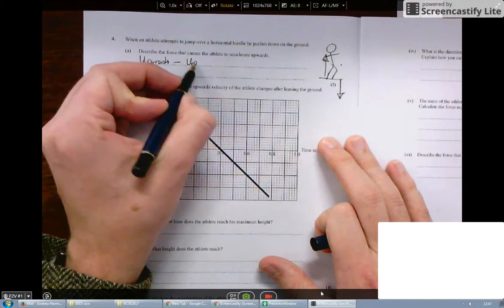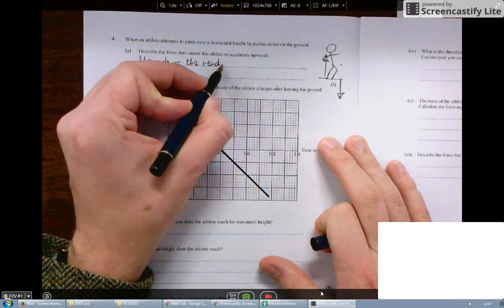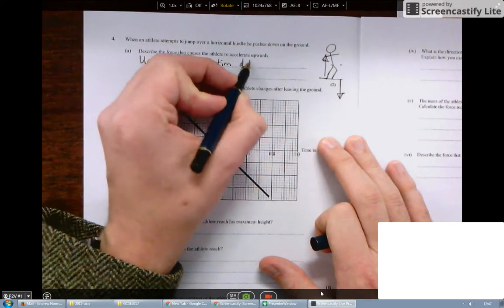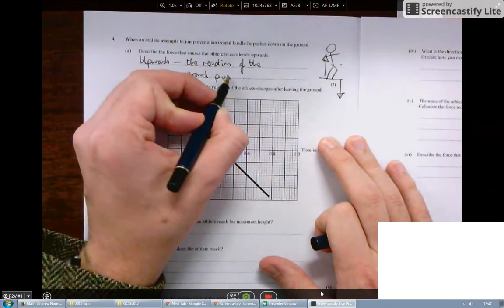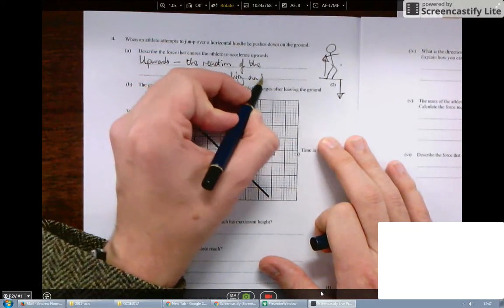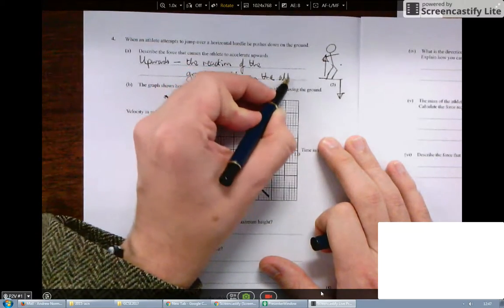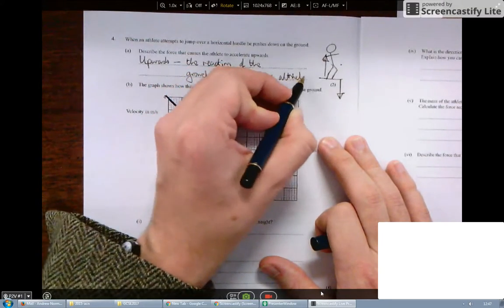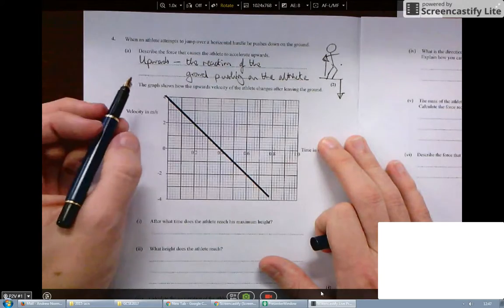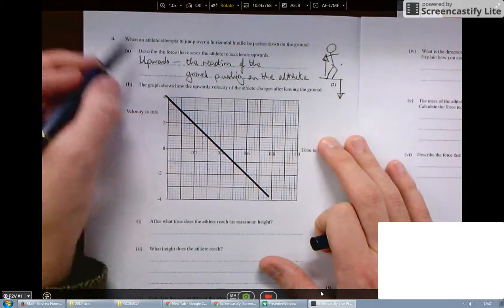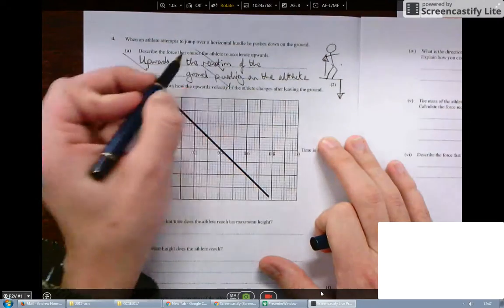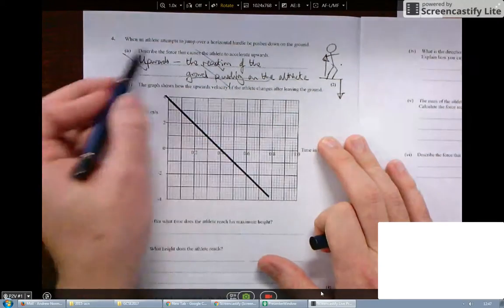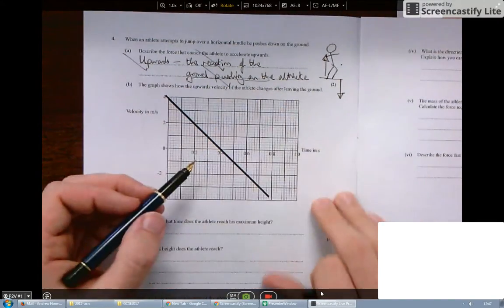And it is, in fact, the reaction of the ground pushing upwards on the athlete. So our marks here, upwards, it's reaction force, and it's the ground pushing on the athlete. 3 possible marks, of which you needed to score 2 to get full marks.